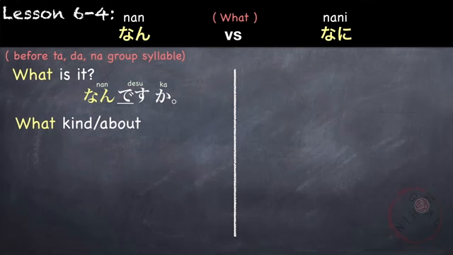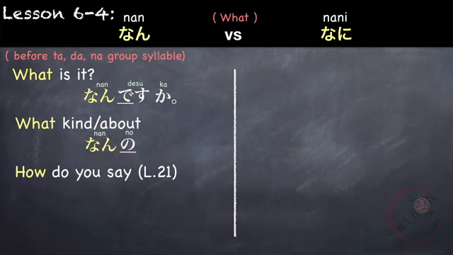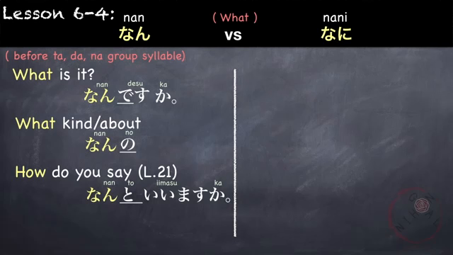Another example is the expression what kind or what about. Nan no, because no is in the na or n group syllable. In lesson 21, you would learn how to say nanto imasu ka? Because to is in the ta group syllables. Nan is also used before counter suffixes, and so on.